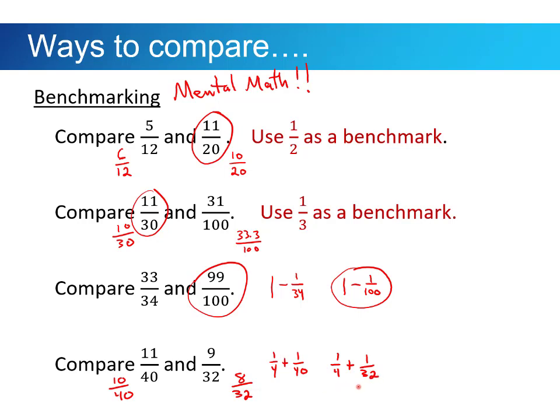So which is the bigger number? In the first case, I'm adding a 40th. In the second case, I'm adding a 32nd. You can even do comparing fractions that have equal numerators, and the one with the smaller denominator is the bigger fraction. So 1/4 plus a 32nd, that's bigger than 1/4 plus a 40th. So 9/32 is the bigger fraction.